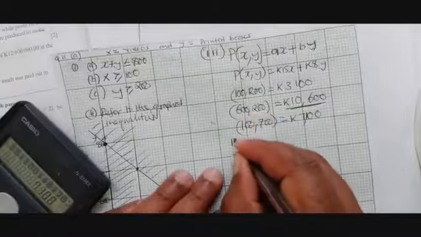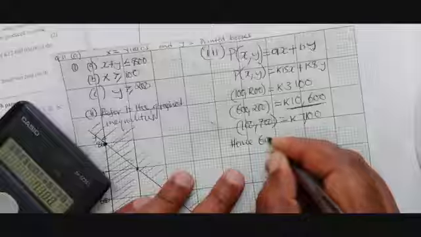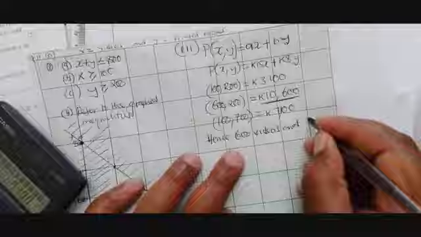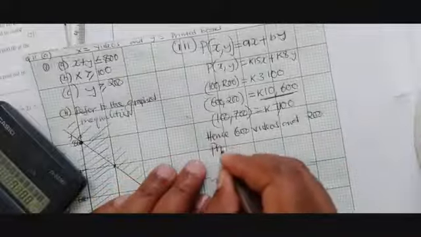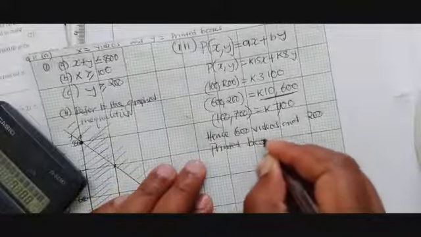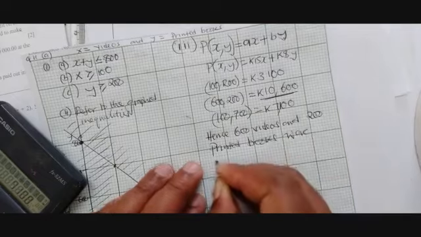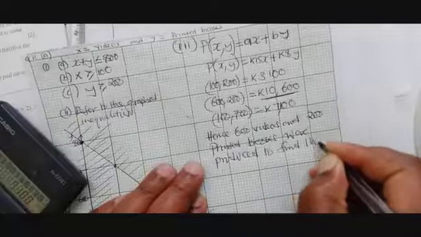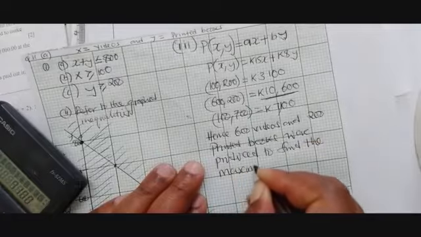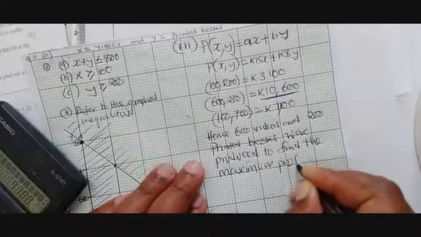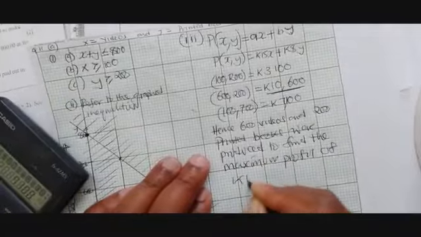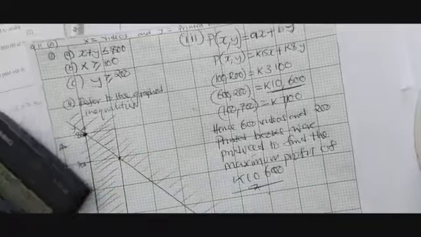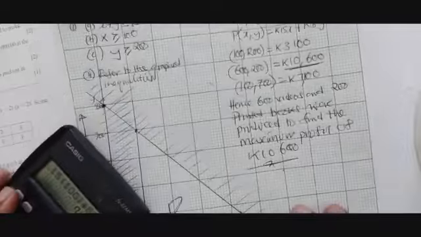Hence 600 videos and 200 printed books were produced to find the maximum profit of 10,600. There are times where we ask you to find this profit, then you would write it. Okay, we are done there. We are done with part A. We go to part B.